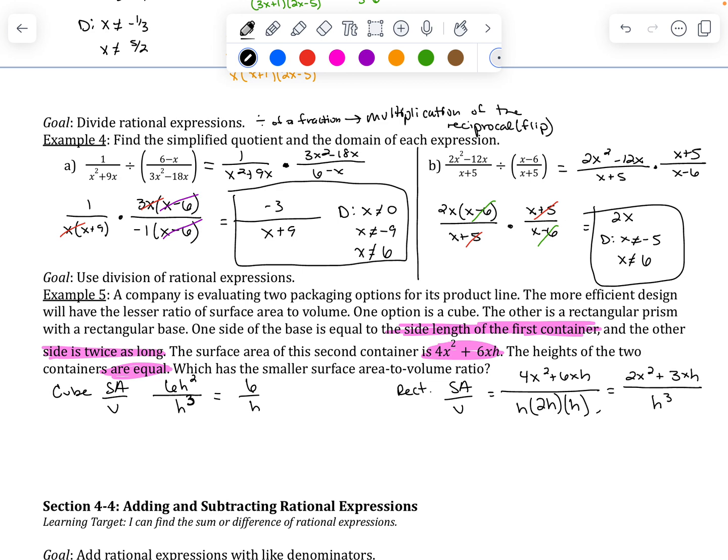It really kind of depends on your x, whatever your x happens to be. But it should be your cube. The goal is that you're setting up that ratio and figuring out the multiplication in order to reduce it. Okay? So this is multiplying and dividing rational expressions. Factoring is the key.